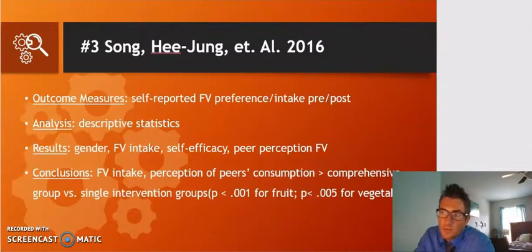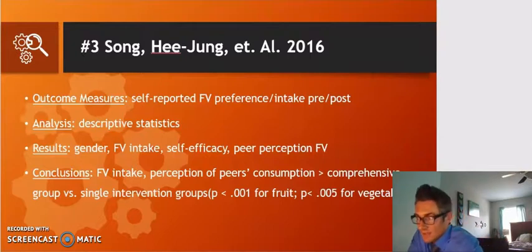Outcome measures. Fruit and vegetable preference and intake data was self-reported via questionnaires given to the students before and after the intervention. Changes from baseline measurements for intake and preference were analyzed between the 3 groups and within each group at baseline and upon completion.